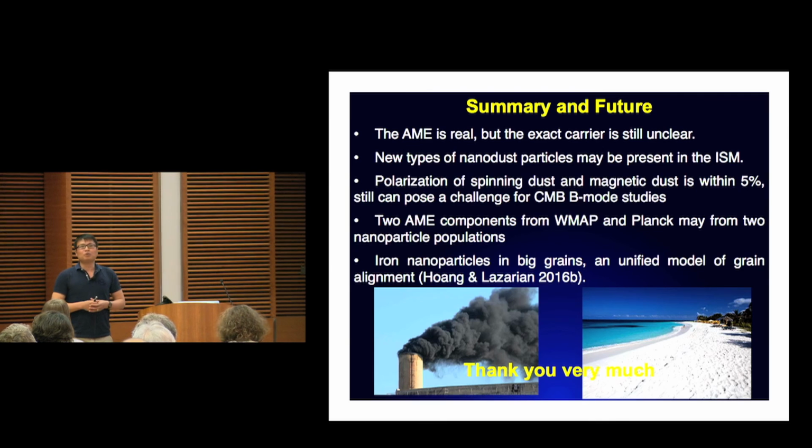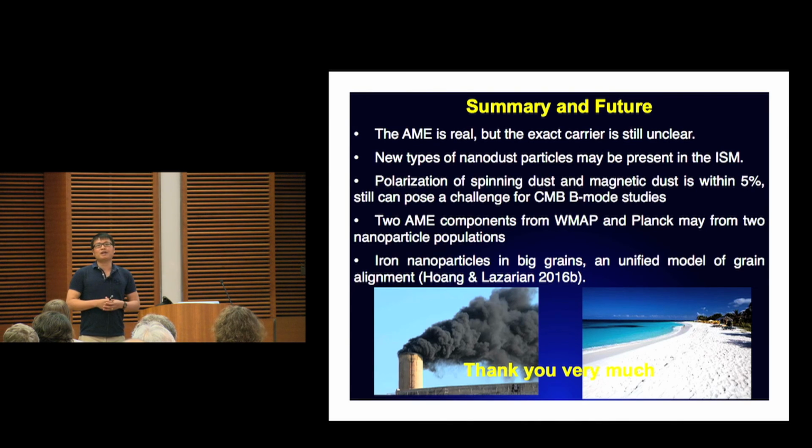We also checked whether nanoparticles can result in polarization in the UV, because nanoparticles may have partial alignment. But within 10% abundance and some range of dipole moment, they cannot exceed the level of UV polarization observed. So one implication of this study is that it may provide new constraints on the dipole moment and abundance of nanoparticles if we combine multiple observations.